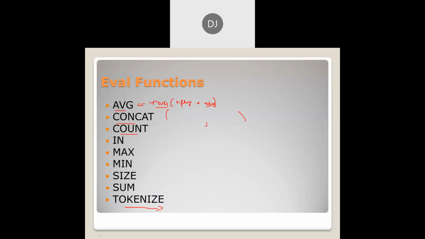Count we have seen. IN will check whether something is present in the data set. Maximum and minimum you can find, and SIZE, TOKENIZE and IN I will show in the examples. And SUM we have also seen: it will sum and give us the result.